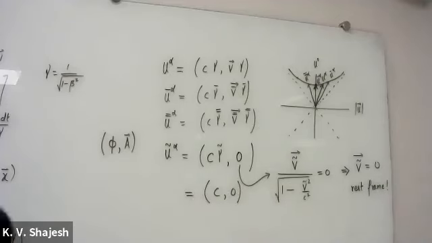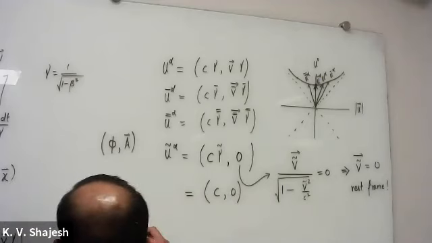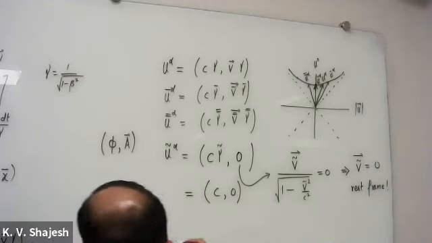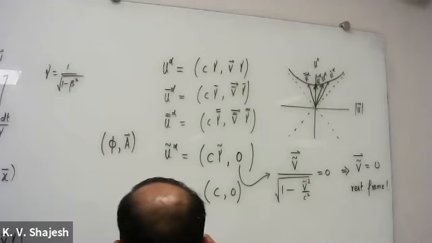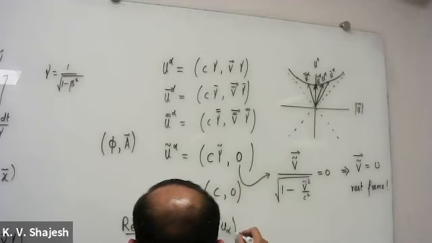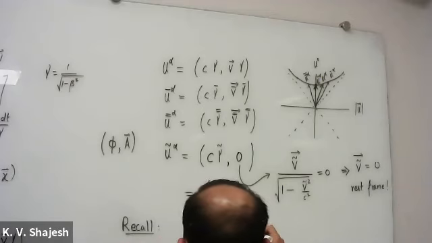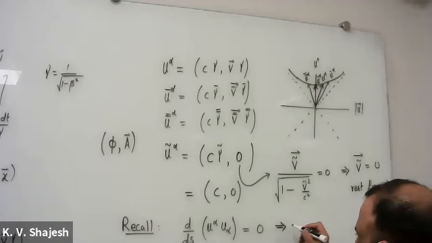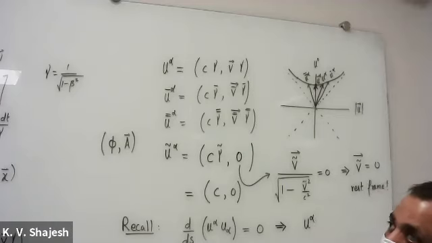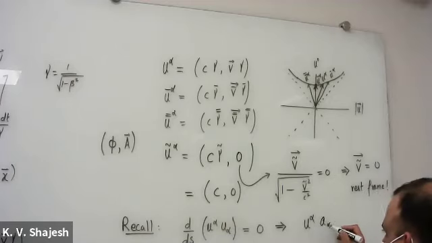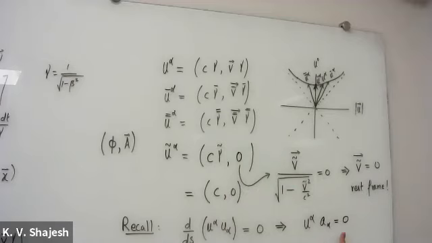In that special frame, recall what we did, starting from u alpha u alpha, which is equal to minus c squared. The derivative of this is 0, because when I take the derivative, it becomes the acceleration. So this implies that u alpha a alpha is equal to 0. Is that clear?